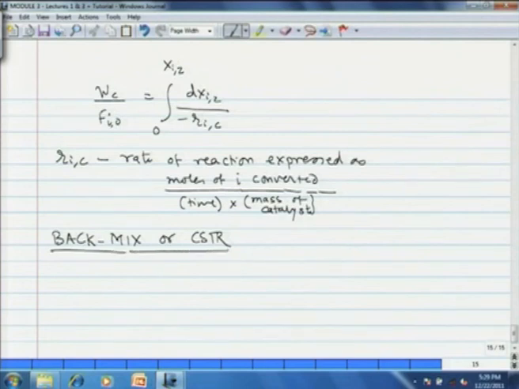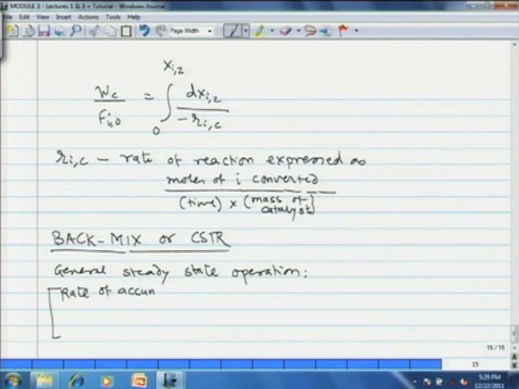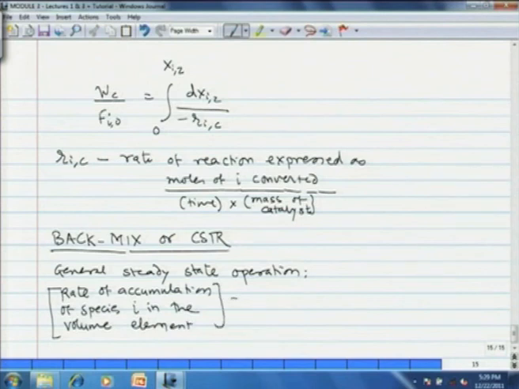Now, here the general steady state operation is characterized by this expression: the rate of accumulation of species i in the volume element is equal to the inflow rate minus the outflow rate plus the rate of generation of the species.